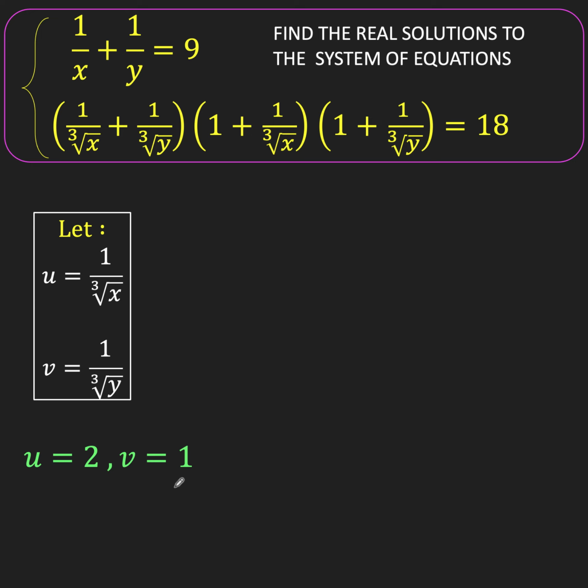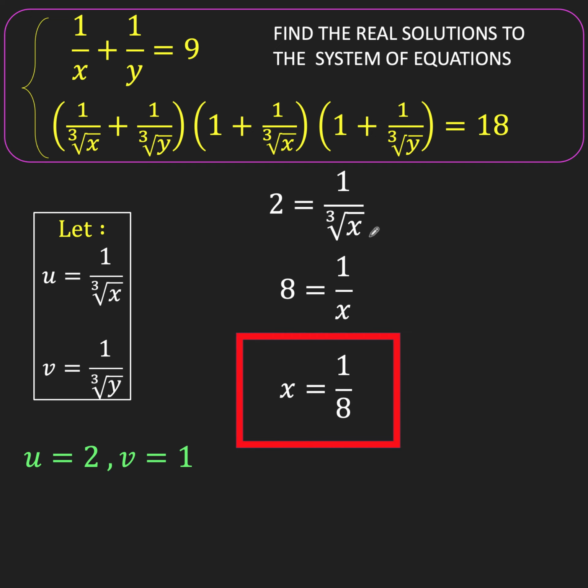So substituting these values, u equals 2 equals 1 over the cube root of x. Then we raise both sides to the third power, and we solve for x to get x equals 1 over 8. This is the first value for x.